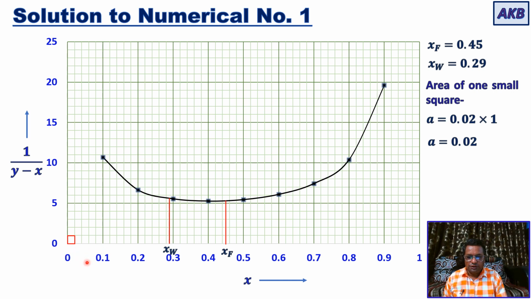Because from 0 to 0.1 there are 5 small divisions, so the length of one division will be 0.1 divided by 5, which is 0.02. So the area of one small block comes out to be 0.02. Now you just count those blocks.